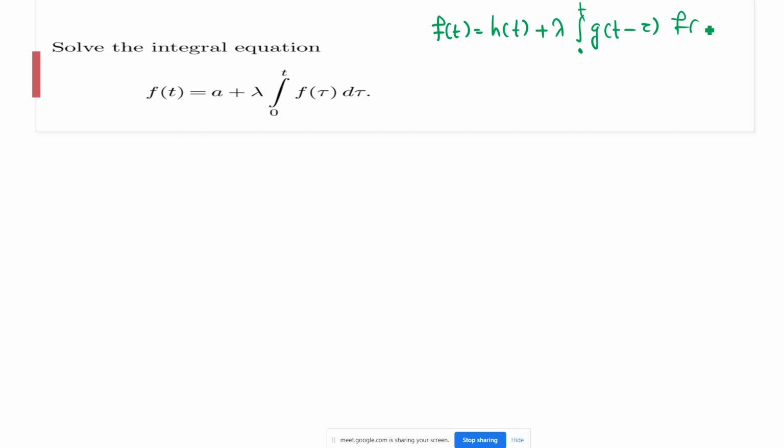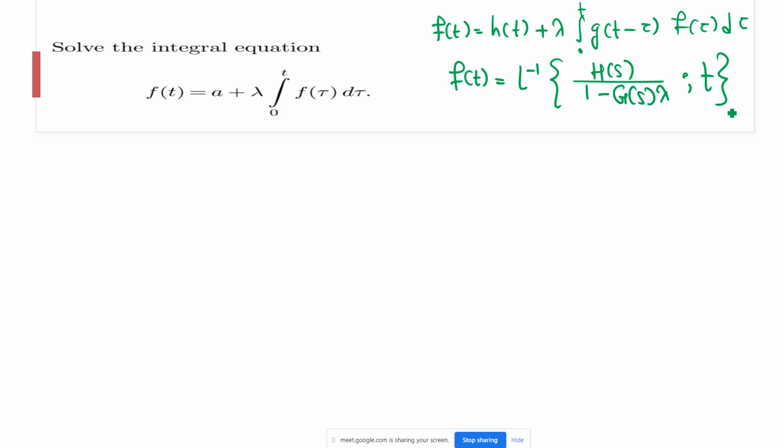Then the solution of this is nothing but the Laplace inverse of h of s upon 1 minus lambda g of s.